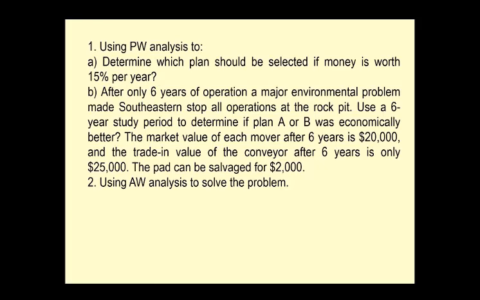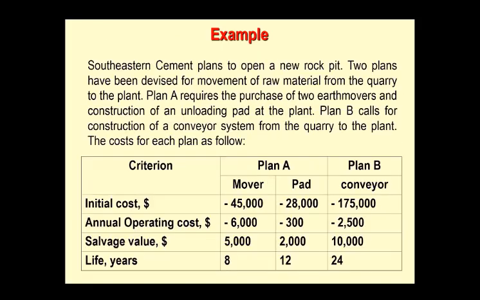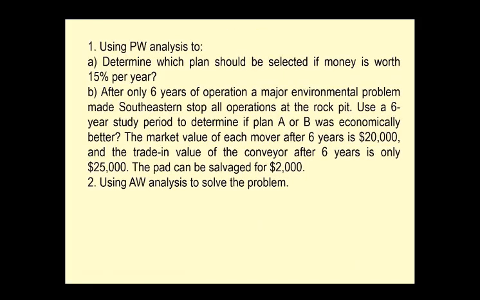In this problem, we can see that the assets have different lives. The mover has 8 years, the pet has 12 years, and the conveyor has 24 years.